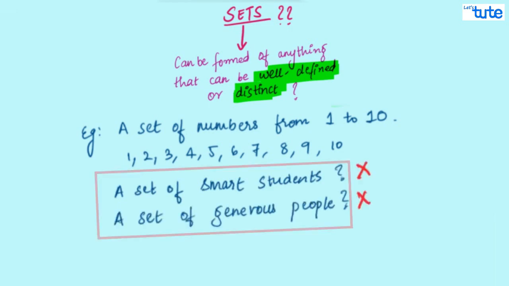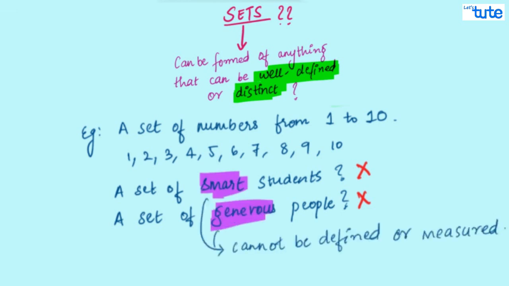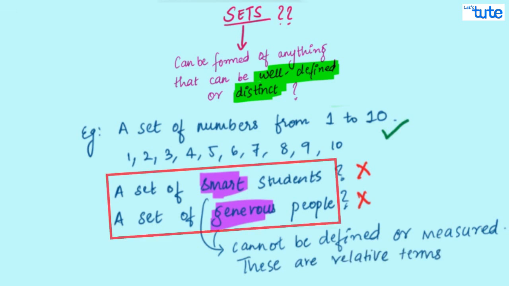Can this be considered as a set? No, not exactly, right? Because here, smart or generous cannot be defined or measured, or we can say that these are relative terms because the meaning of these words will change from individual to individual. Hence, we cannot make a set of these situations.